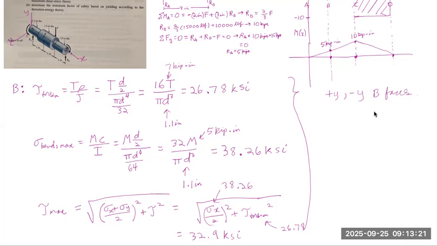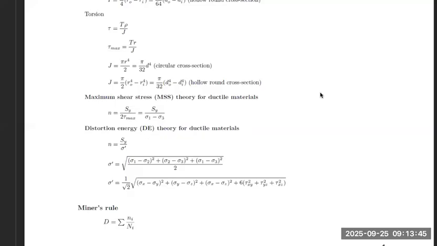Now, we can apply our factor of safety for yielding strength for the maximum shear stress theory, as in this equation from our equation book. So N is equal to Sy, the yielding strength, over 2 times tau max.